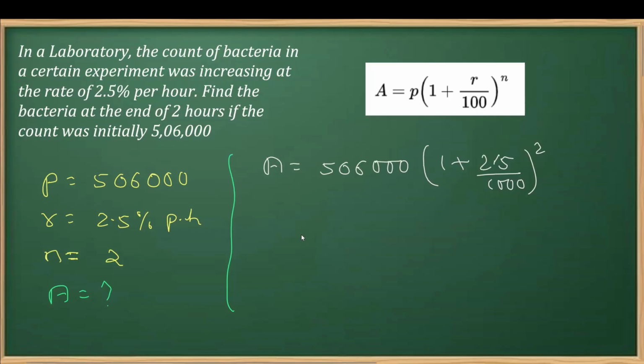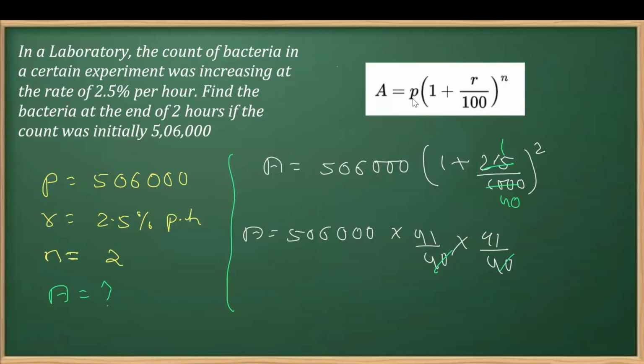Now we can reduce it, as you know, 25 1 times, 25 4 times is 100. That's why it should come as 40. So for further calculation, this is 506,000. And if I take LCM, it's going to be 41 over 40. But then there is a square. That's why we are writing 41 over 40 into 41 over 40.